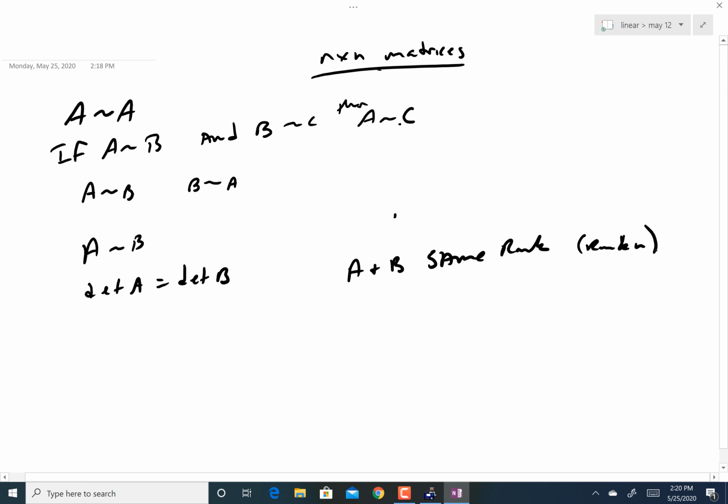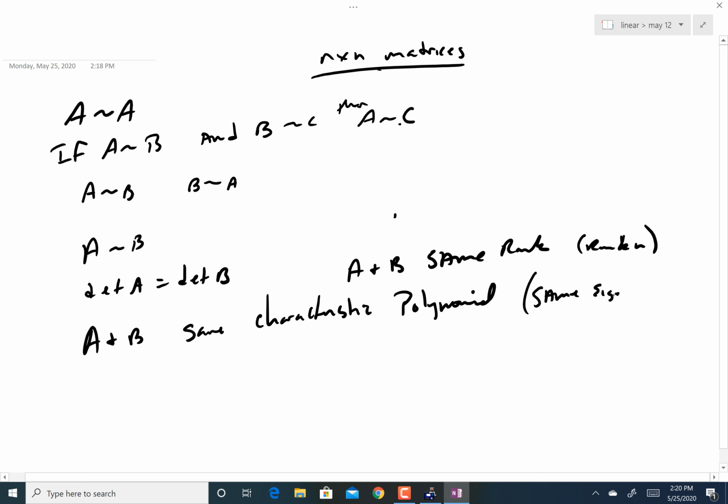They have the same characteristic polynomial. A and B, same characteristic polynomial. Yep, that's true, interestingly enough. We'll look at that in a few minutes. By the way, what does that mean? Same eigenvalues.